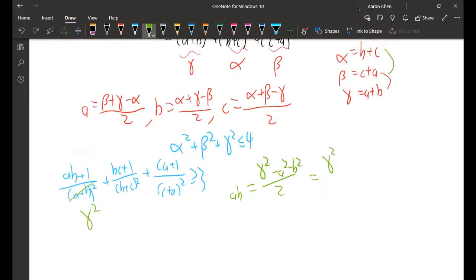So gamma squared minus alpha plus beta squared. Oh, sorry, not alpha plus beta. Alpha minus beta. And so, yeah.